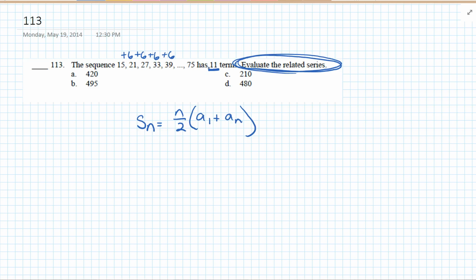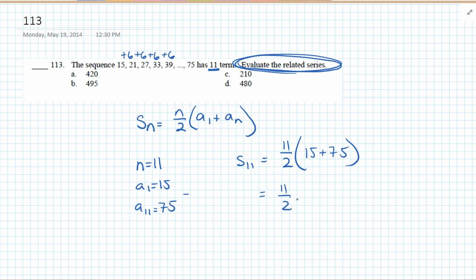Our n value is 11, our first term was 15, our last term was 75. So S of 11 equals 11 over 2 times 15 plus 75. That's 11 over 2 times 90, which is 11 times 45, which should be 495. Our answer is B.